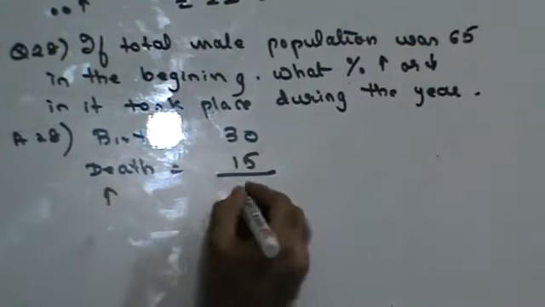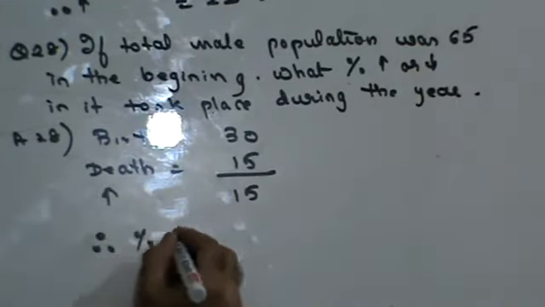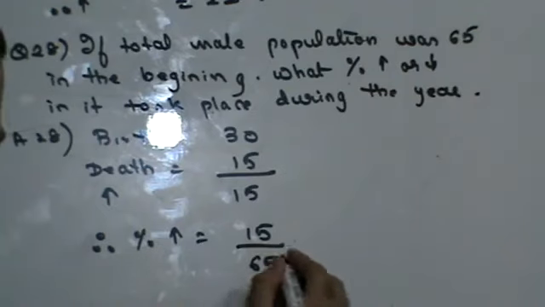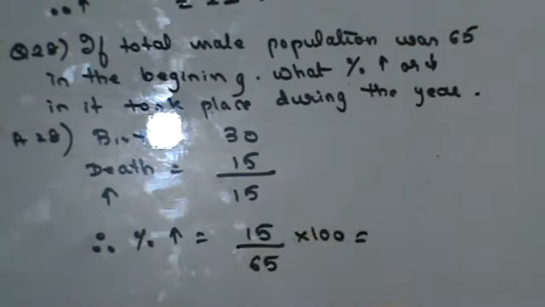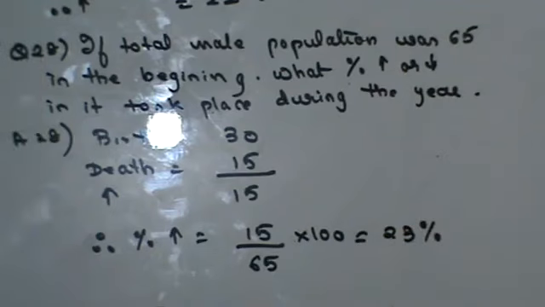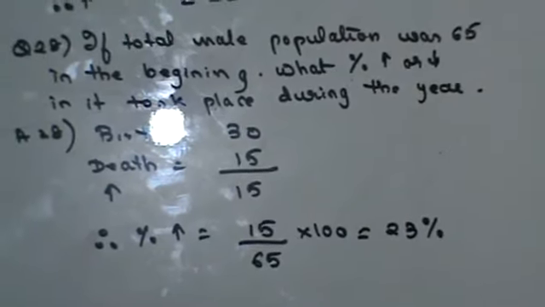That means increase is 15. Therefore, percentage increase. There has been an increase of 15 in the male population. We started with 65 at the beginning of the year. Percentage means multiply by 100. So it should be approximately 23%. So the male population has increased by approximately 23%.